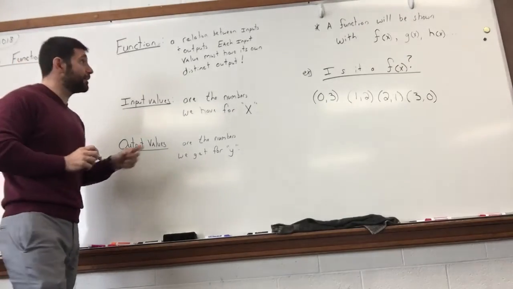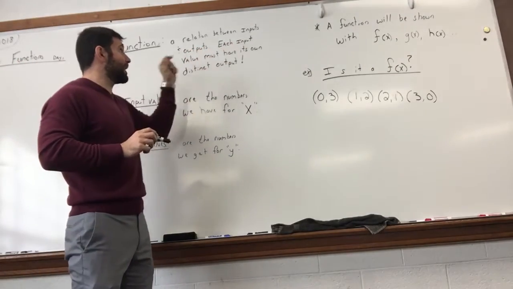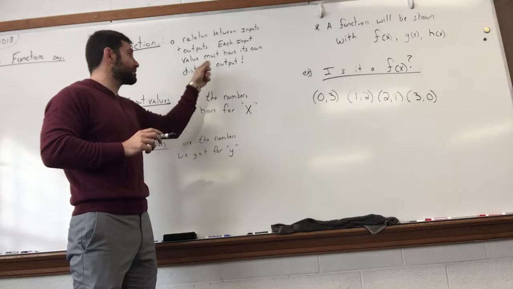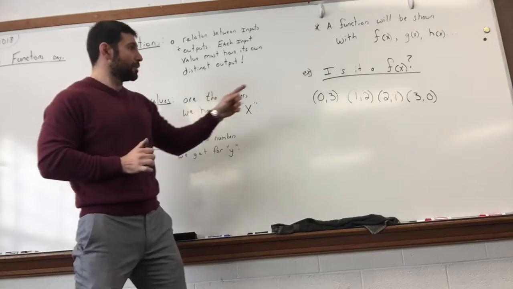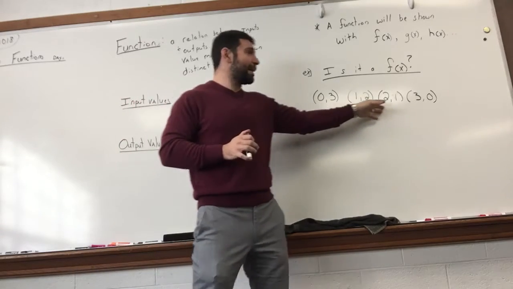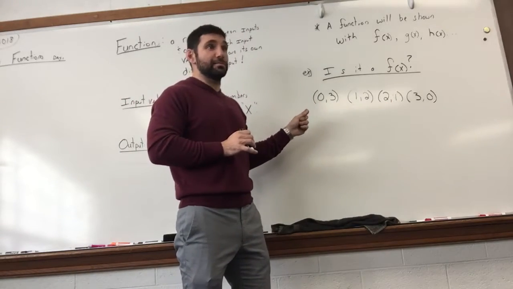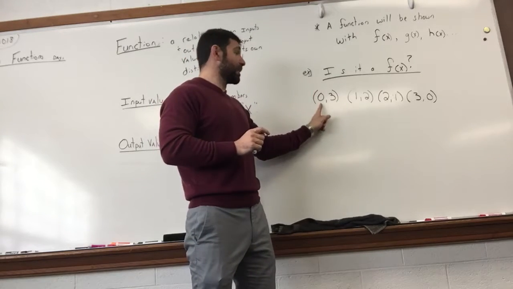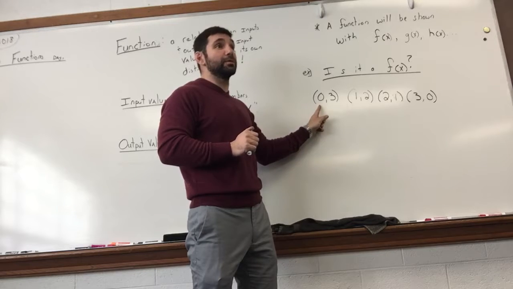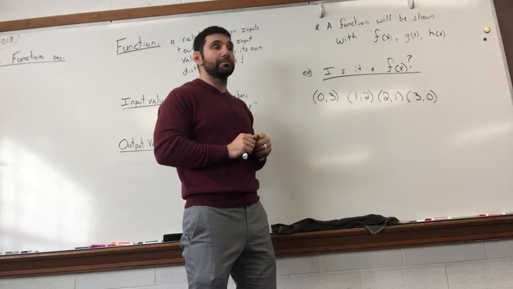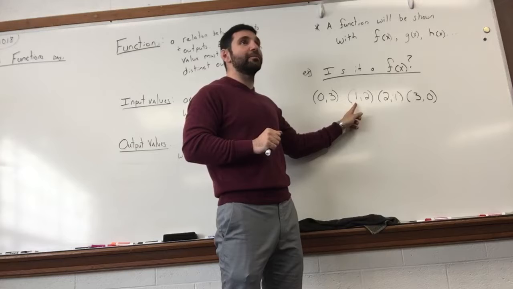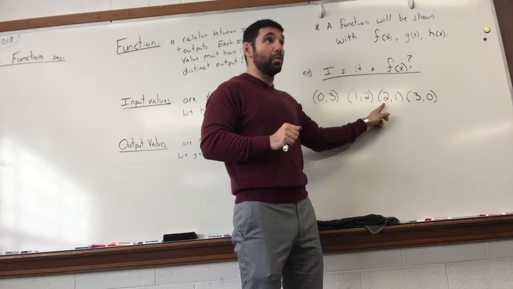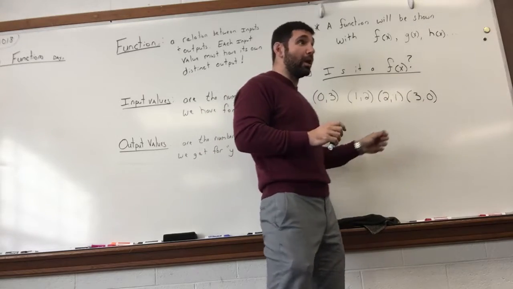For it to be a function, each x value must have its own distinct, which means different, y value. How many zeros do I have in my x spots? How many zeros do I have in the x spots? 1. So I've got one input of 0 that's giving me an output of 3. How many 1s do I have in my x spots? 1. Just 1. How many 2s? 1. How many 3s? 1.